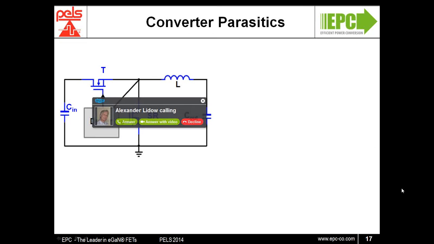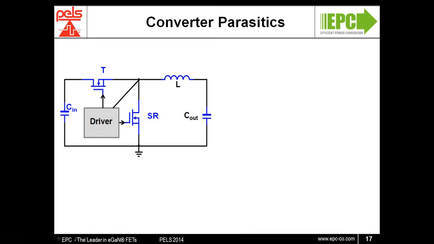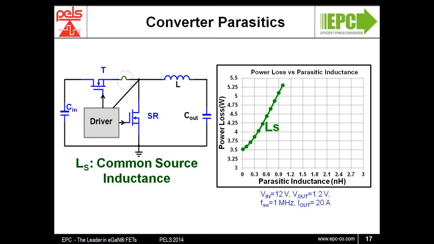However, common source inductance isn't the only important parameter. We've already shown that common source inductance has a significant impact on the overall switching loss, and we can see from this graph that the losses will increase quickly with even a few hundred picohenries of common source inductance.